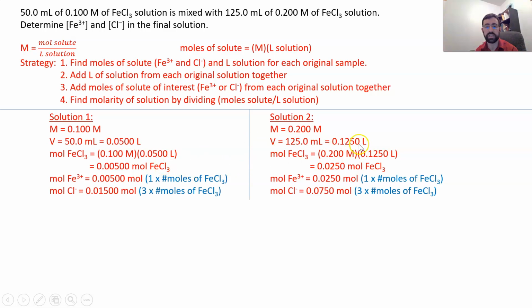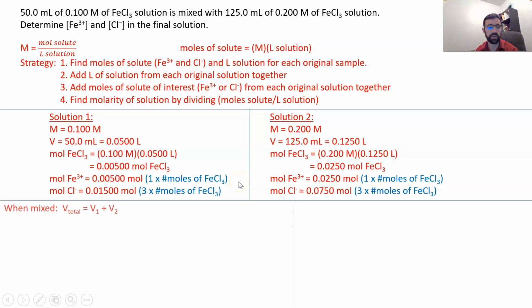We're going to add those together, and then we can divide to find out what the concentration of each ion is. So let's start with the volume. To find the total volume, volume of solution 1 plus volume of solution 2. 0.0500 liters plus 0.1250 liters equals 0.1750 liters.